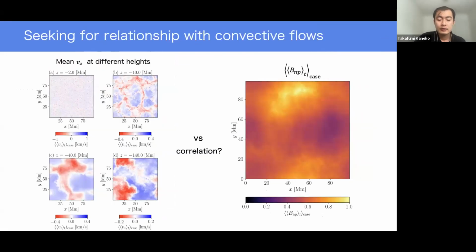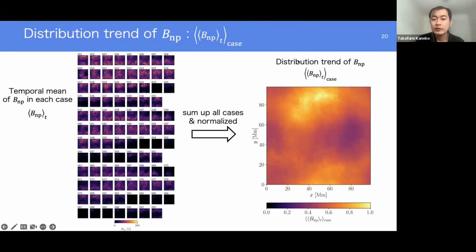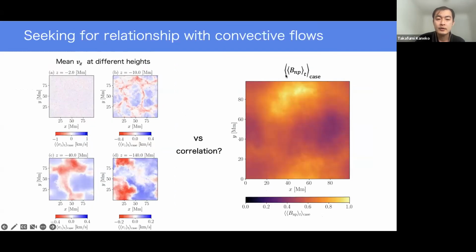So next we want to know why this distribution is created. We compare this non-potential field trend with the mean velocity field at each height. The velocity structure at different heights is completely different.